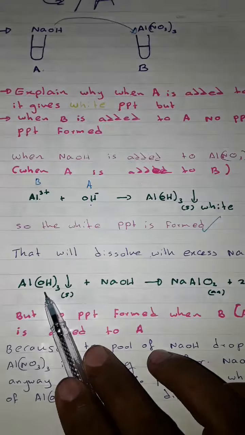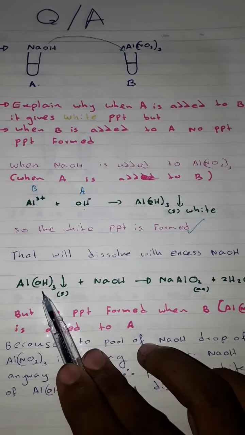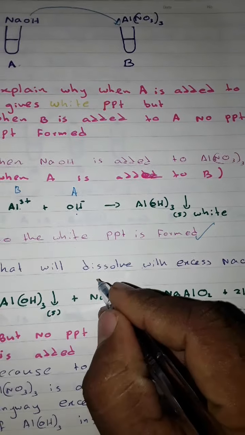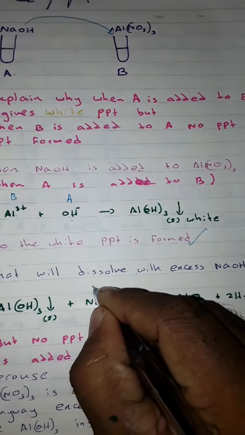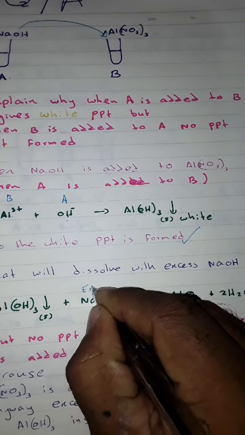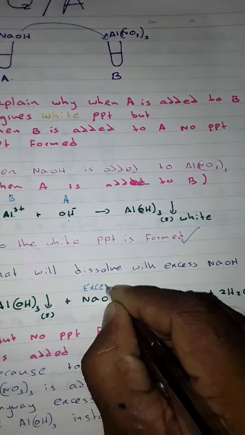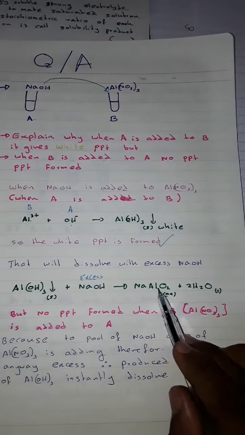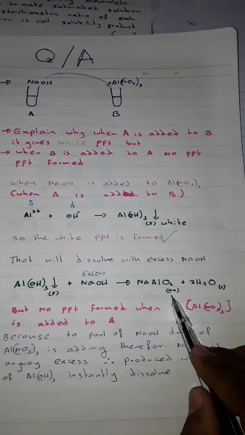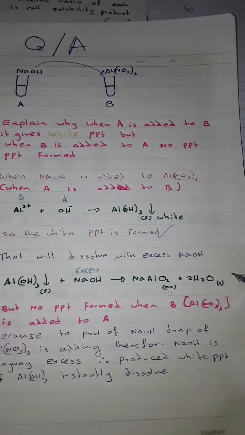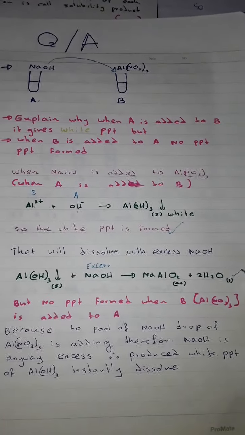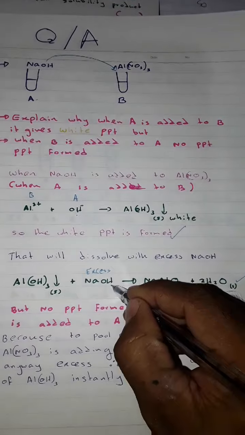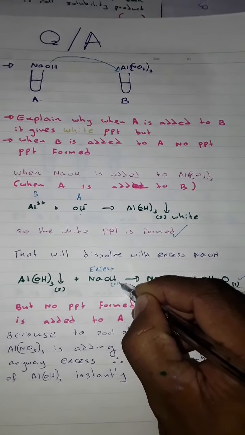So that amphoteric hydroxide, aluminium hydroxide, reacts with excess sodium hydroxide and makes NaAlO2, which is aqueous, so it dissolves in water, right? It dissolves in excess sodium hydroxide. Sodium aluminate is aqueous, right?